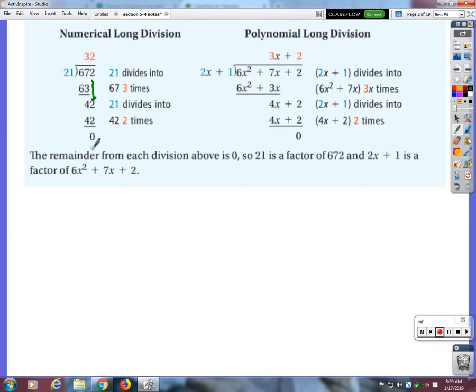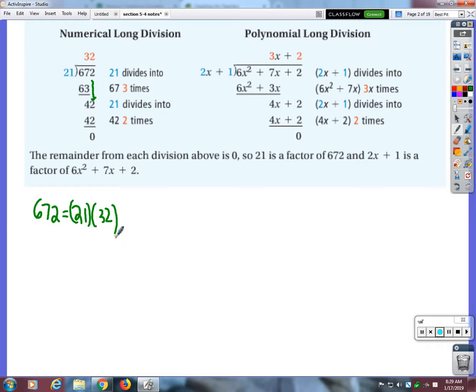Importantly, what that means is you probably never heard your elementary school teacher say it this way, but you've basically factored 672 when you do long division like that. What you just figured out is 672 is equal to 21 times 32.